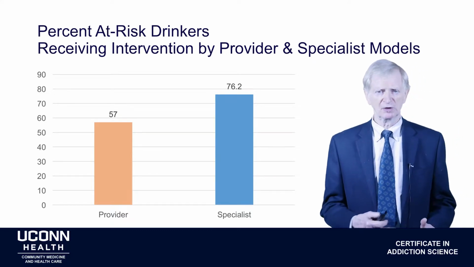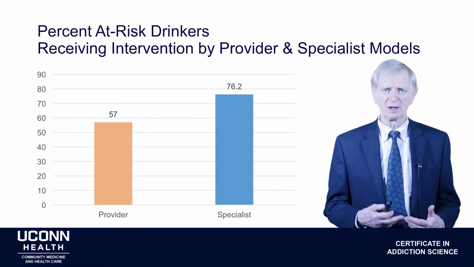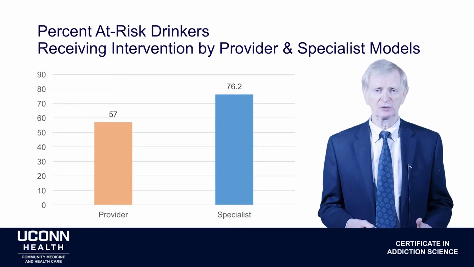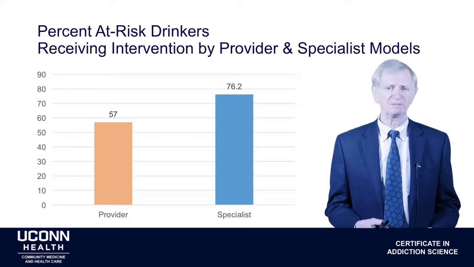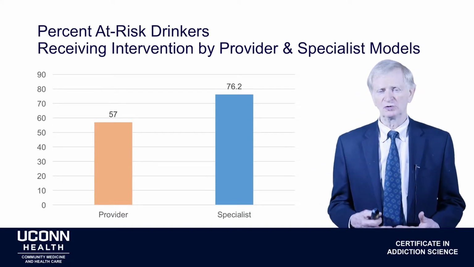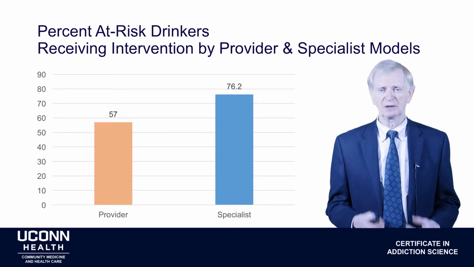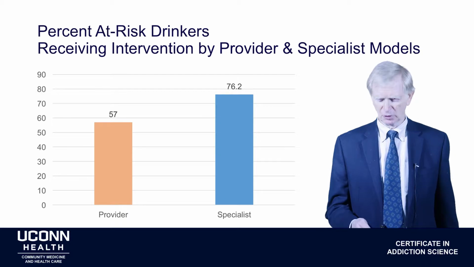Whereas when you had a specialist or a health educator doing this, 76% of the patients got an intervention. So training people to deliver the intervention results in a higher implementation rate at a lower cost.